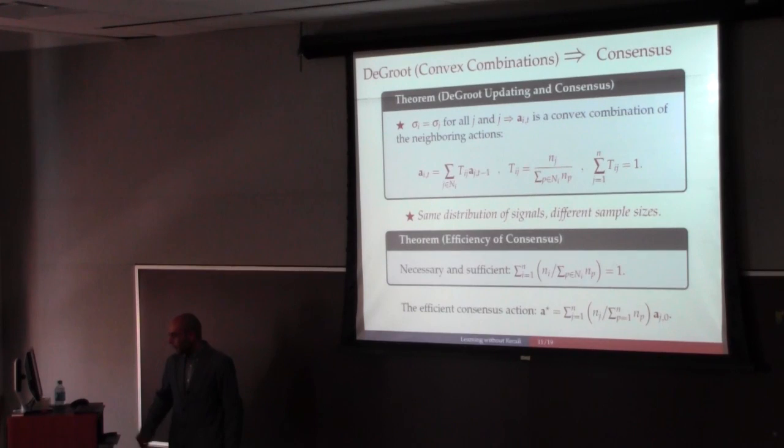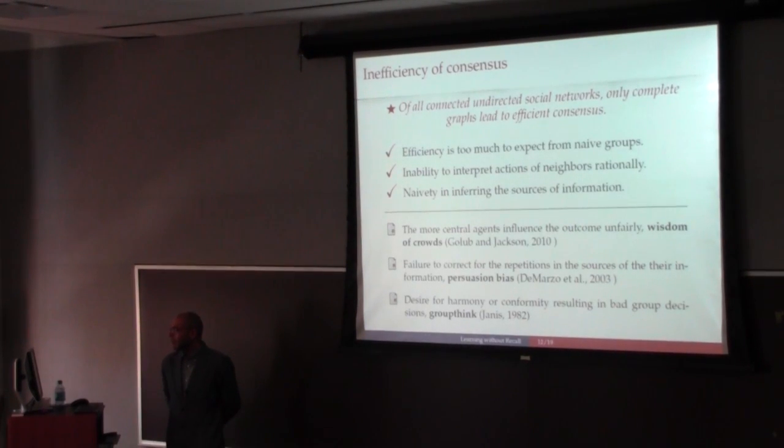In particular, among all connected undirected social networks, so if we restrict attention to undirected relations such as friendship when it is bidirectional, then only complete graphs can lead to efficient consensus. So we need all-to-all communications for the consensus to be efficient. And this is something that is quite reasonable.